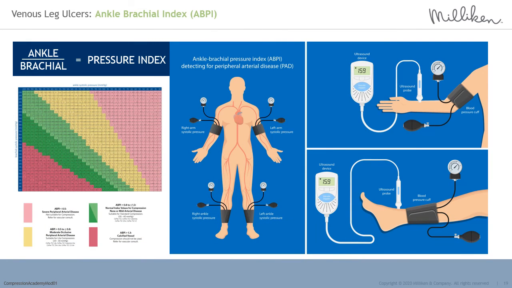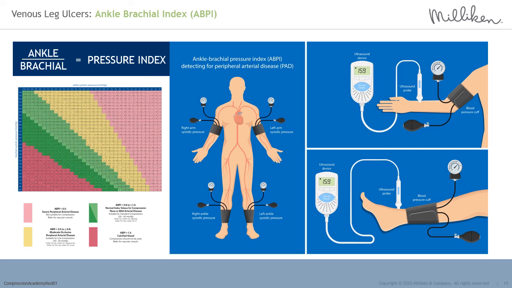There are newly developed devices available on the market which measure and automatically calculate ankle brachial pressure index. We will explore how a manual Doppler ankle brachial pressure index reading is undertaken and the calculation of the brachial and ankle blood pressures to generate the ankle brachial pressure index reading.